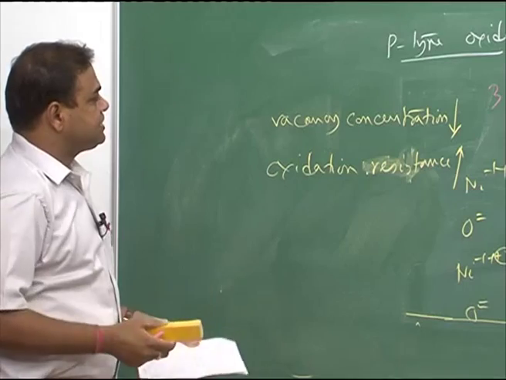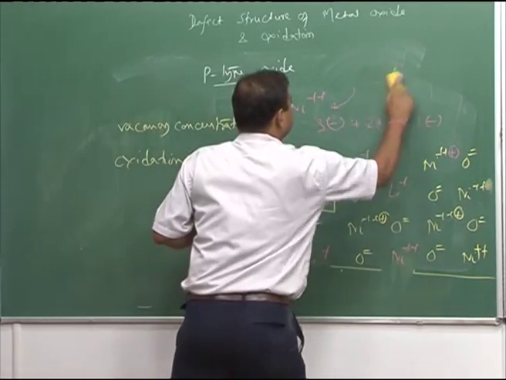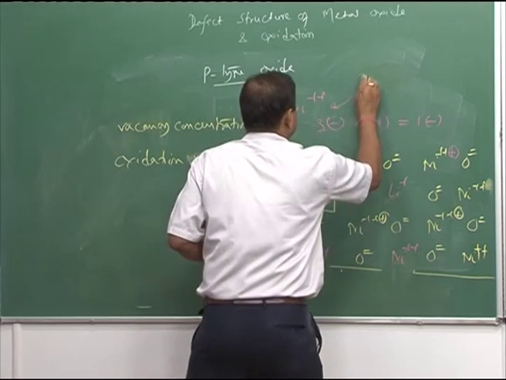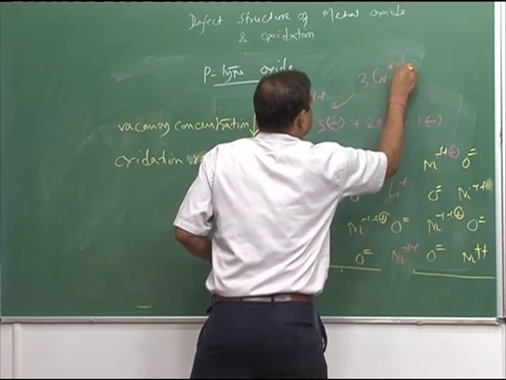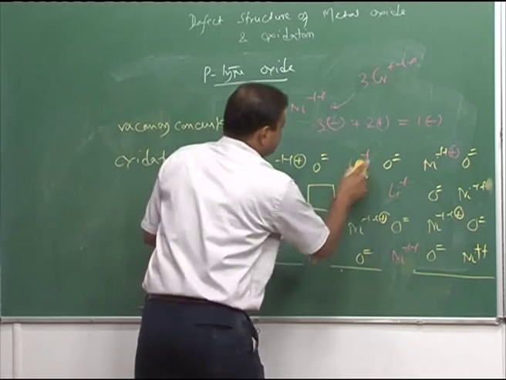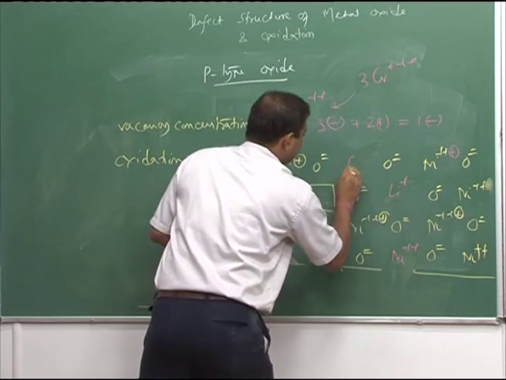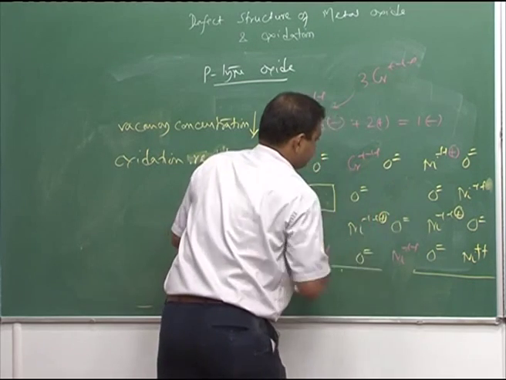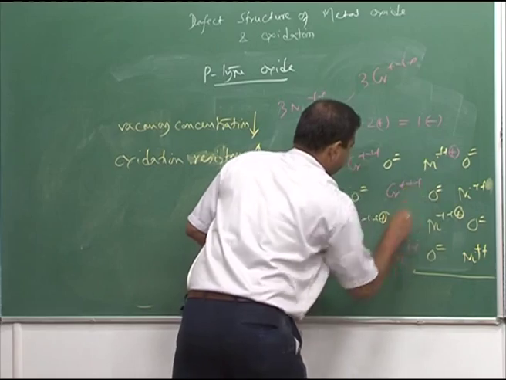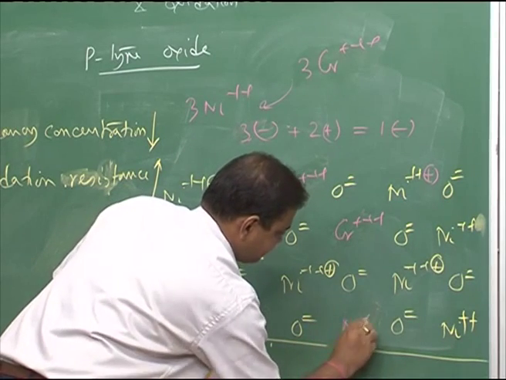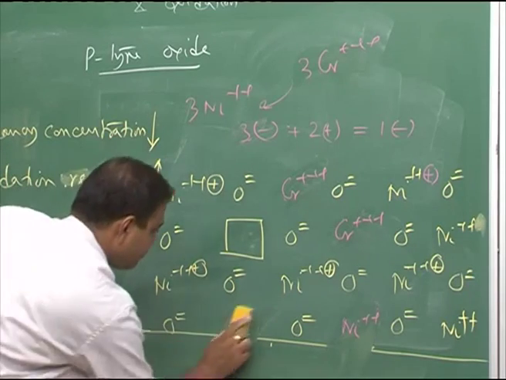Now, the situation, let us say I replace 3 nickel plus plus with 3 chromium plus plus plus. So, in that case, instead of lithium we put chromium, and then one more place is here.